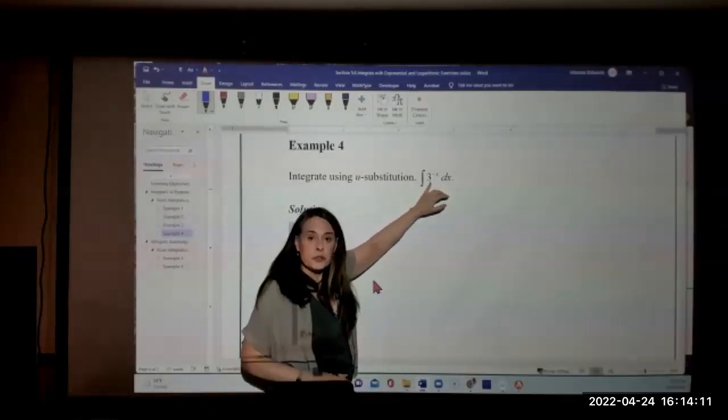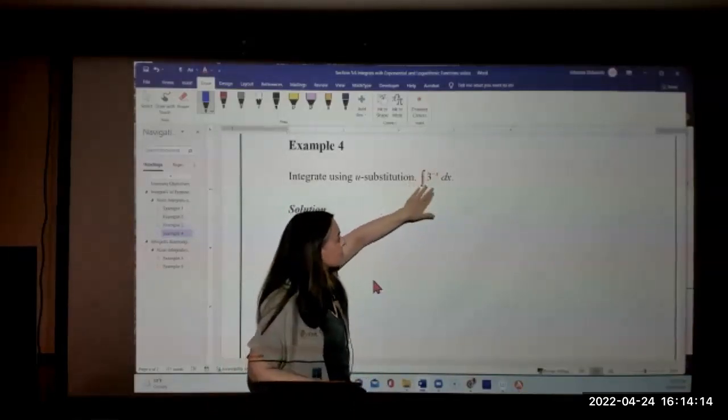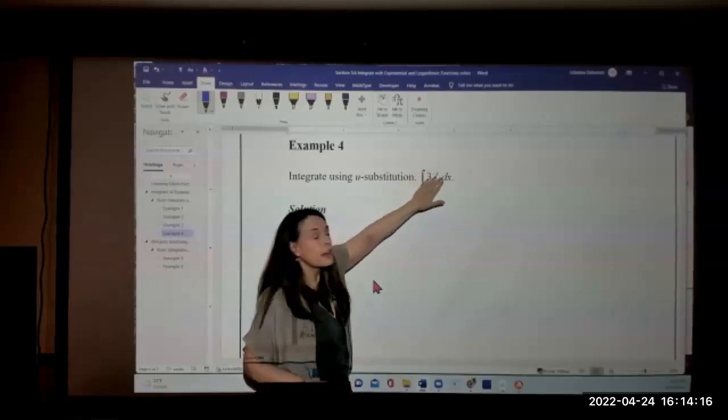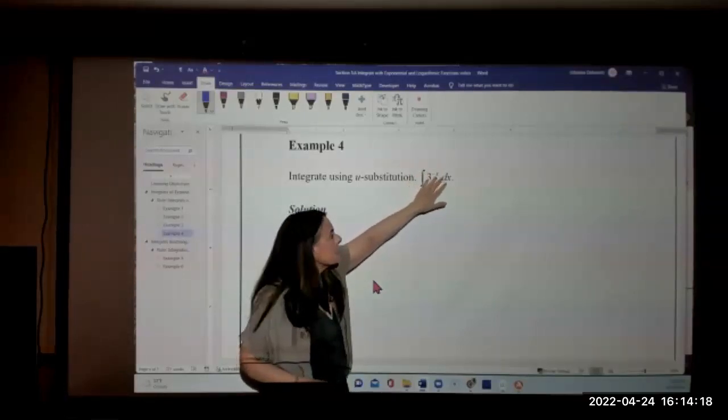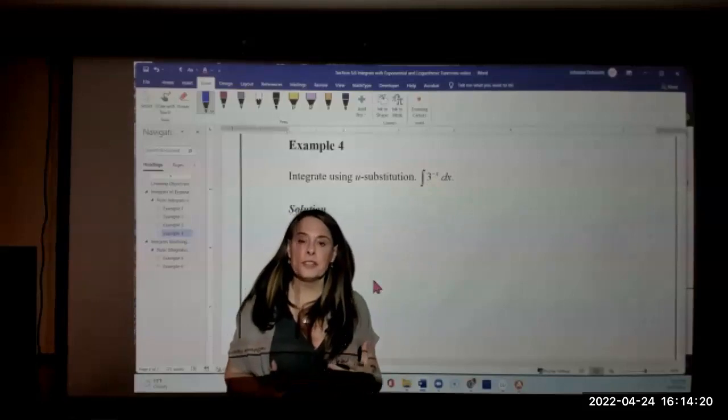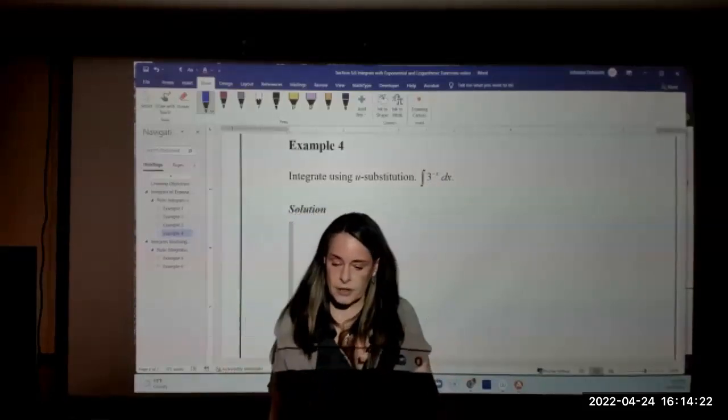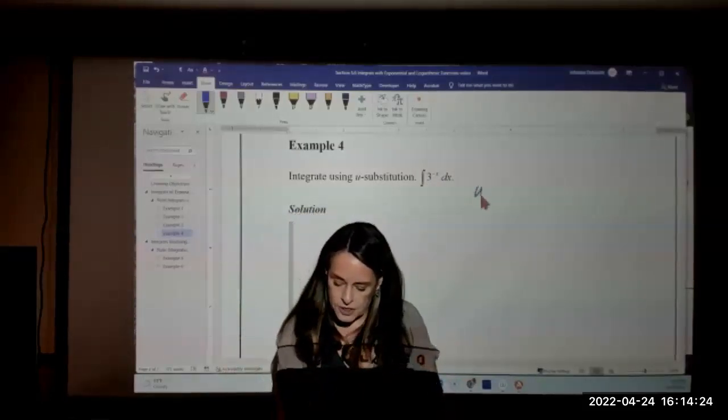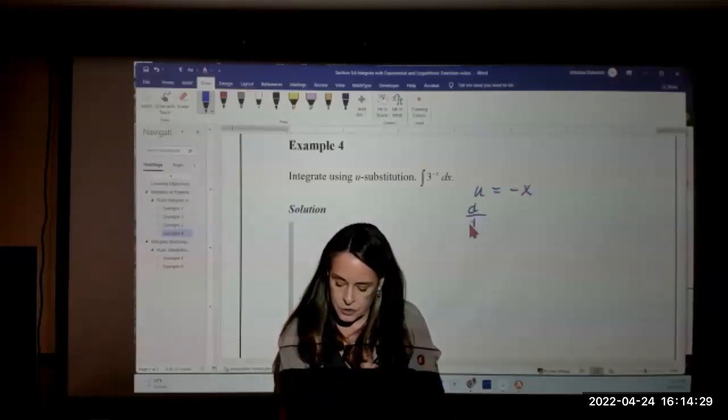Now we're going to do u substitution again. It is exponential because the base is a constant and the variable is in the exponent. And again, the natural place to look for u is in the power. So again, we have u substitution with u being the power on the variable. We take the derivative with respect to x of both sides.